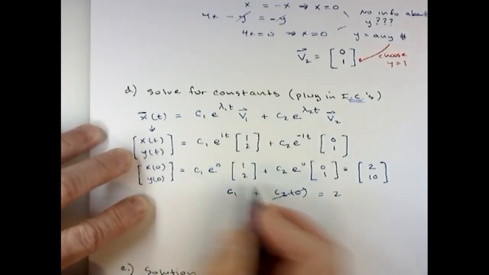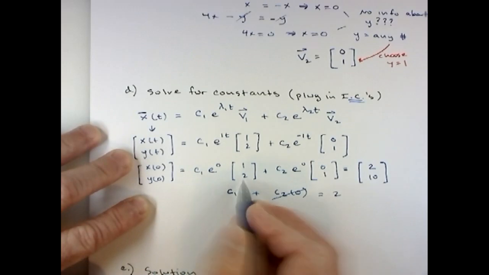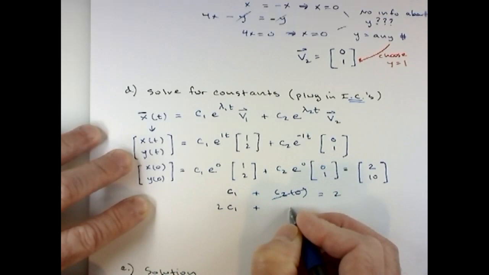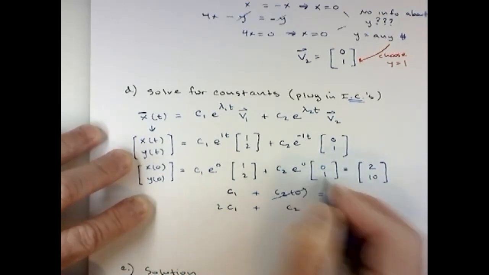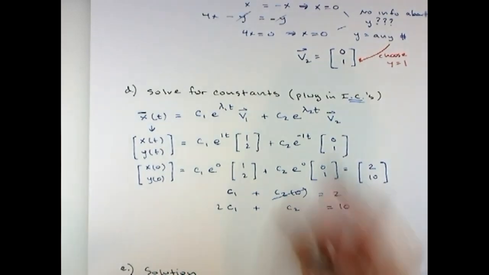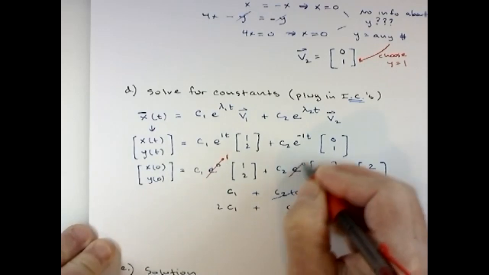And for the second equation, we'll have C1 times 2. So that's 2C1 plus C2 times 1 would have to equal 10.